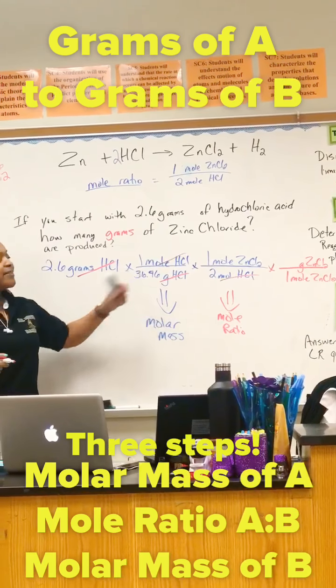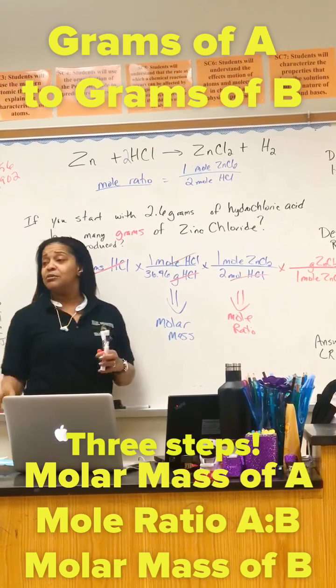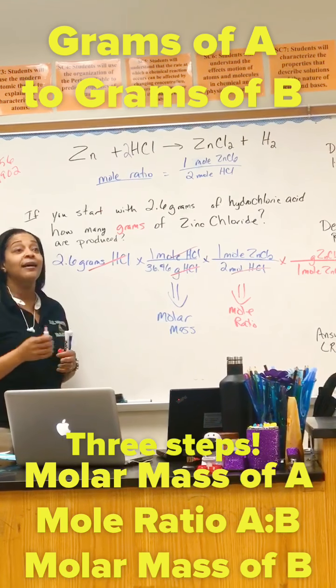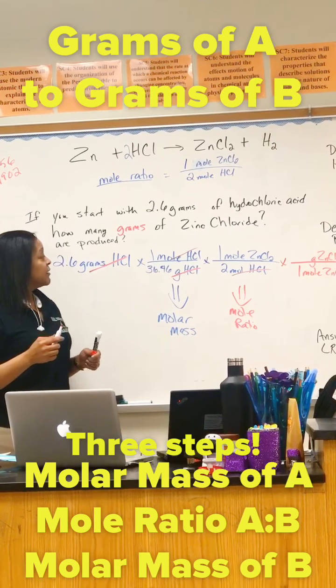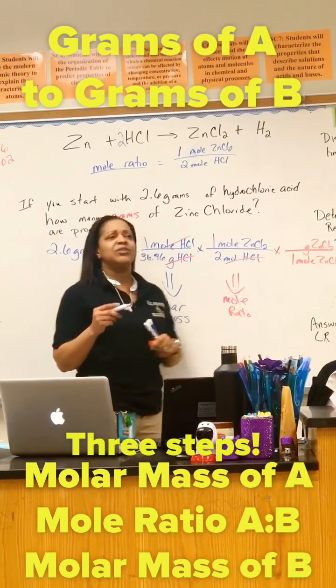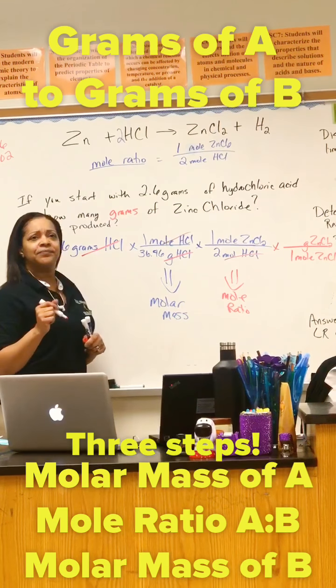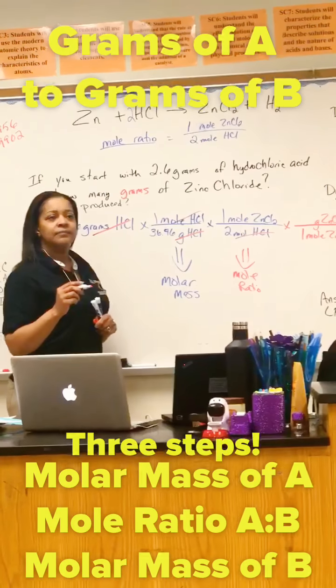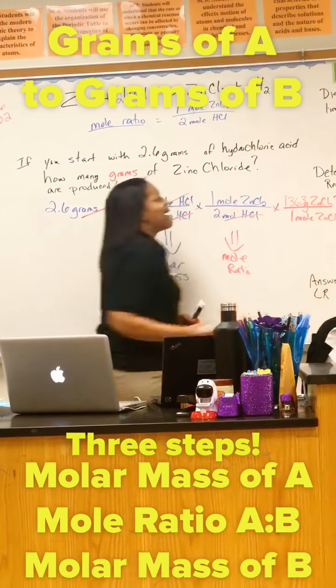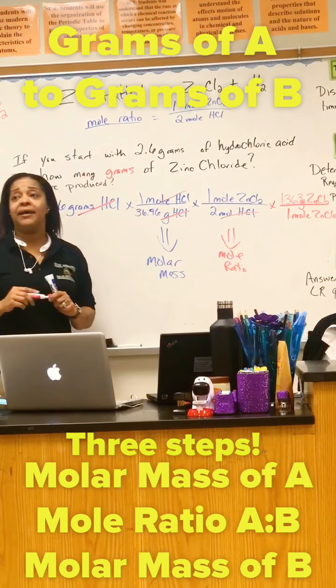You're going to multiply 35.45 times 2. Thank you. And then we're going to add zinc. And then now add zinc's weight to it for me. What is it? 136.3. 136.3 is my molar mass for zinc chloride.